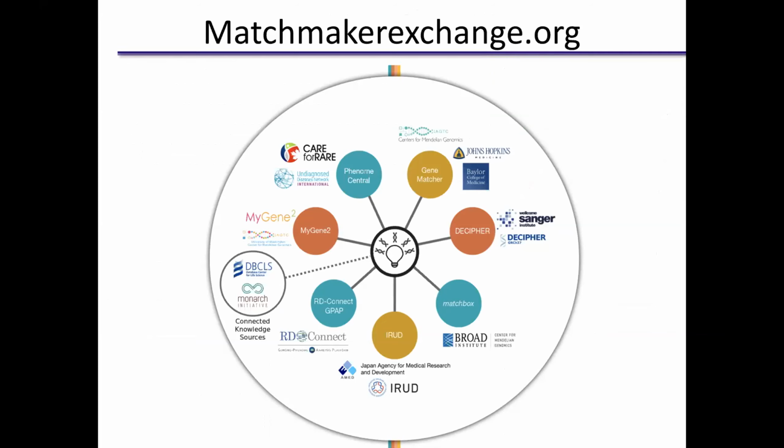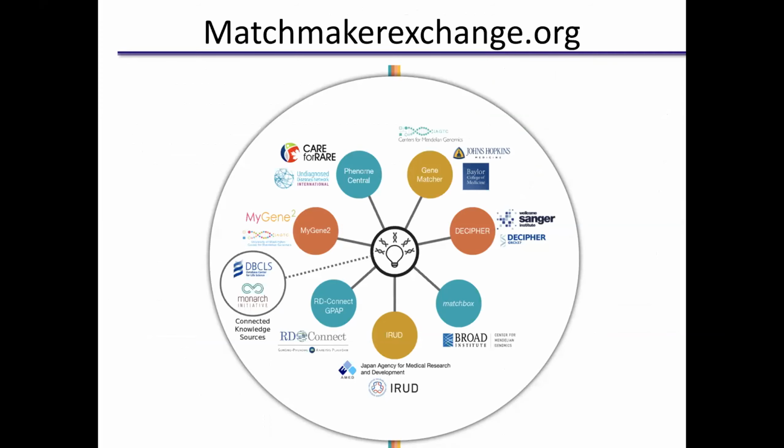So the Matchmaker Exchange, GeneMatcher is a founding member of it. It's a consortium of different resources, databases that have largely human-based and case-based information from different research projects around the world. For example, the UDN feeds into Phenome Central, as does the Canadian Care for Rare. Decipher collects everything from their over 250 studies, but the largest one being the Deciphering Developmental Disabilities, Ireland, Japan, et cetera.